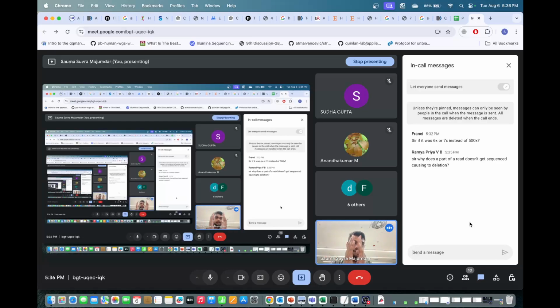Okay. So basically, if you have a genome, say for example, a 1000 base pair genome, and a middle part has been deleted out, how can you sequence that? If that part has been deleted, you cannot sequence it, and you'll see that it has been deleted because when you're trying to align your sequence reads to your reference genome, no reads will align to that part of the genome. So you can assume that part has been deleted because no reads are present at that position in the genome.